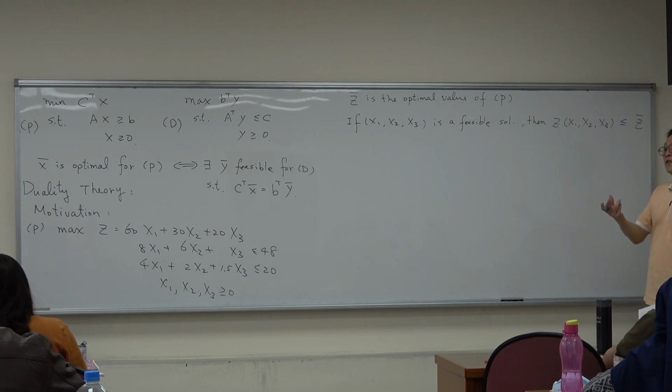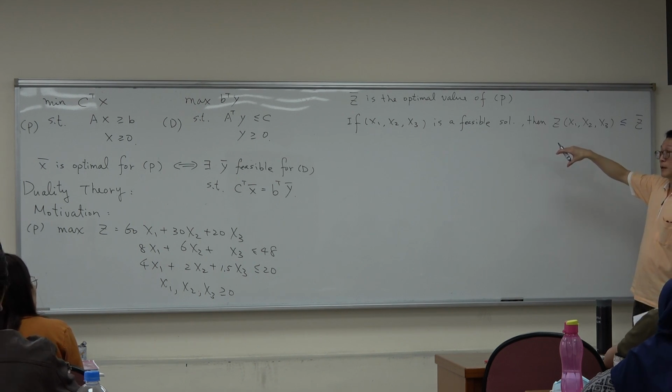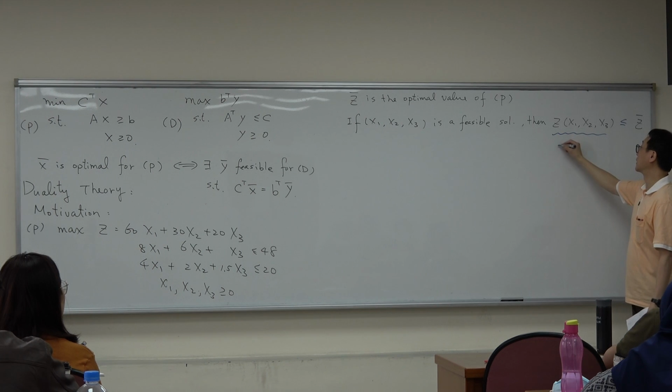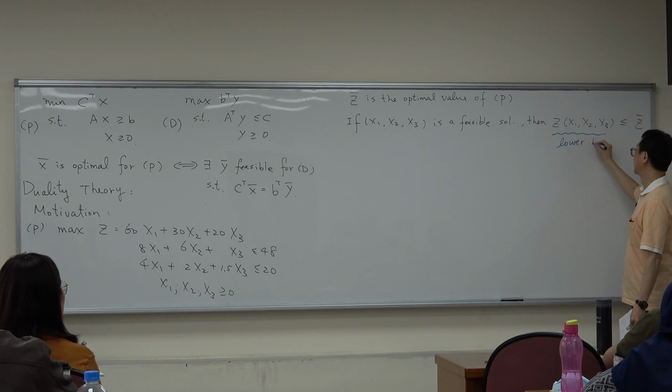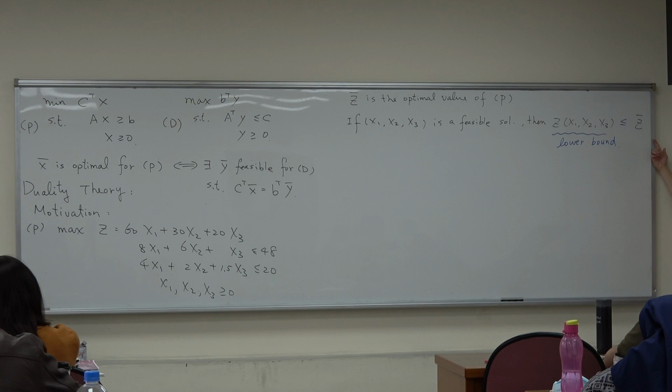So for any feasible solution plugged into this objective function, we can call this value a lower bound of the optimum z value.